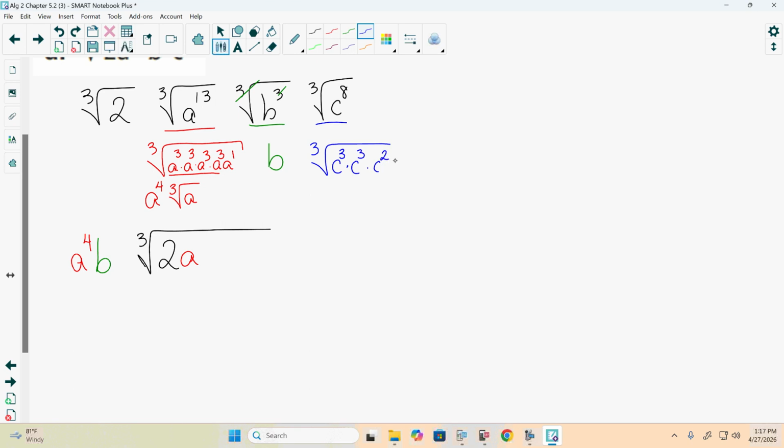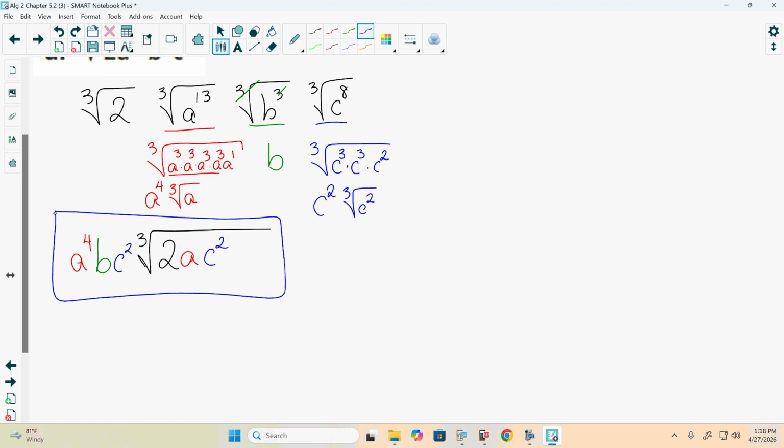However, I need 2 more to make 8. Which tells me c comes out how many times? 2. And I'm left with how many inside? 2. So our final answer is a to the 4th b c squared times the cubed root of 2ac squared. Questions on this here?